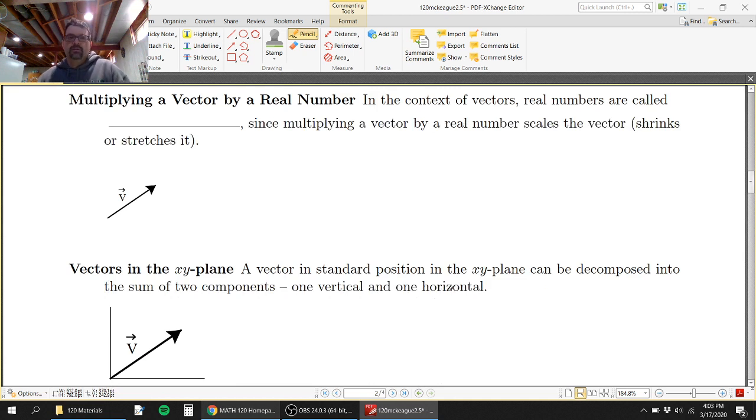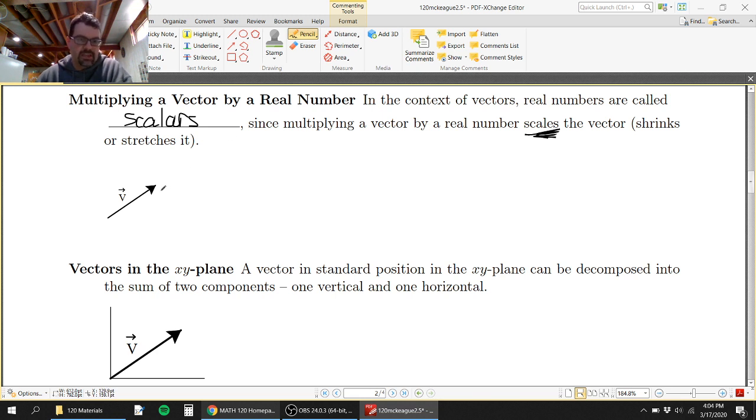All right. Another operation we can do with vectors is take a vector and multiply it by just a plain old real number. Now, real numbers are called scalars in mathematics sometimes, because when you multiply a vector by a real number, it scales it, shrinks or stretches it.